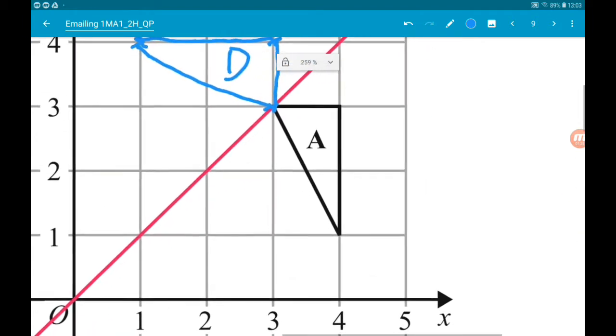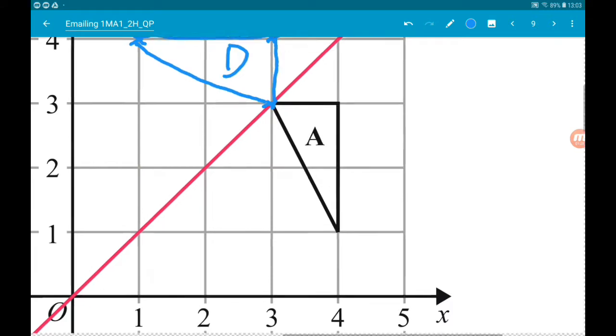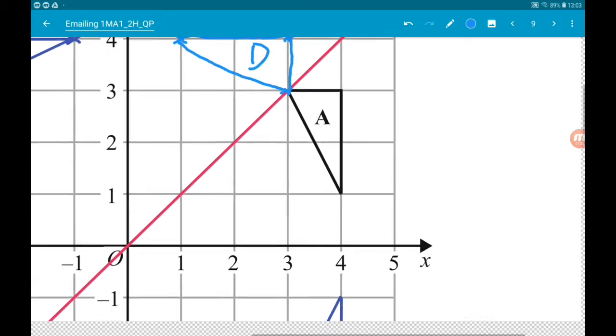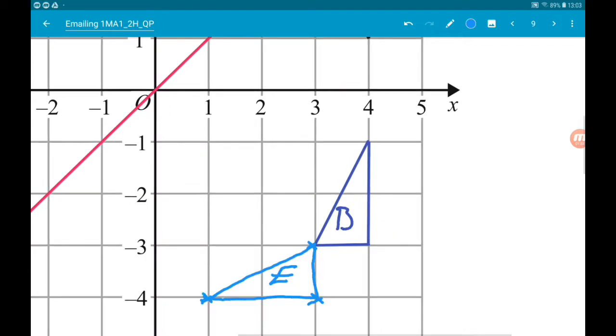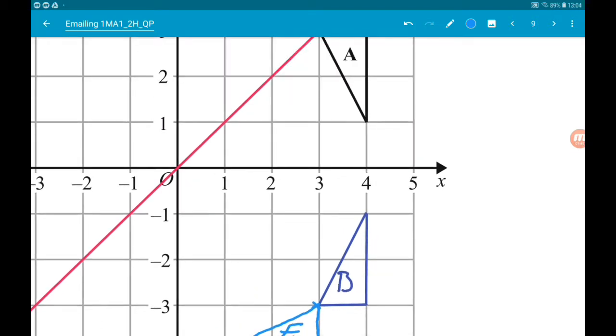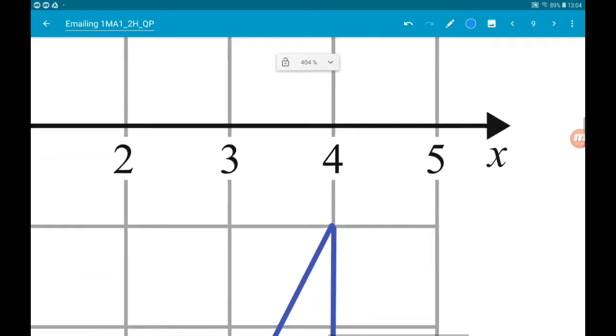He started off with triangle A. He's then reflected it in the x-axis. So that ends up down there. And he's then reflected B in the line y equals x. So if you're not sure how to do these, pick a point.